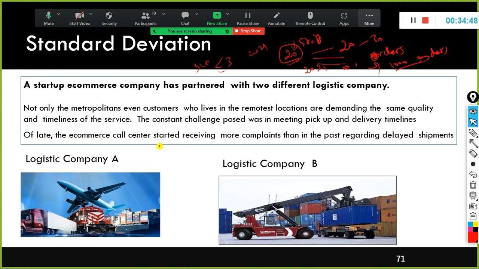Hence, you started having a tie-up with two logistic companies. This is Blue Dot, and you have another courier company, I forgot the name, it's a very good name. So, Desk to Desk. You decided to have a tie-up with these two courier companies because they have more manpower than you.